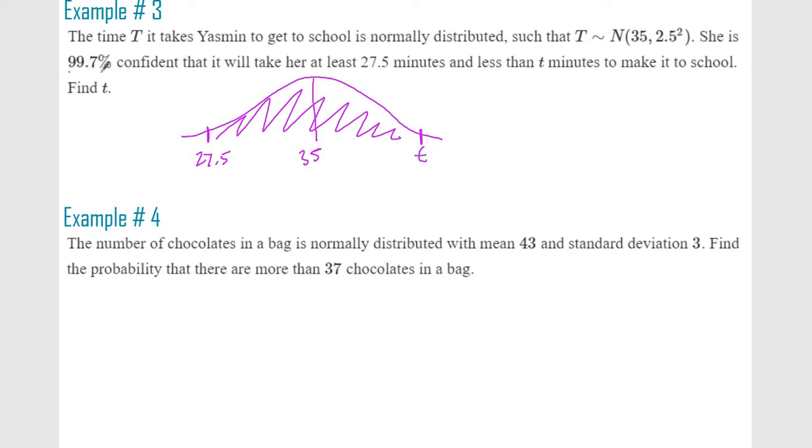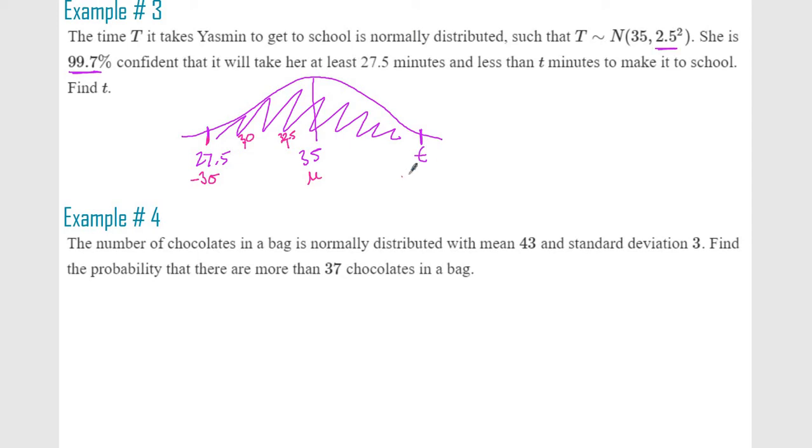Well, hopefully this rings a bell. But if not, this should tell you too, the standard deviation is 2.5. So go down 2.5, we're at 32.5, then we're at 30, and then bam, we're at 27.5. That is 3 standard deviations below the mean.